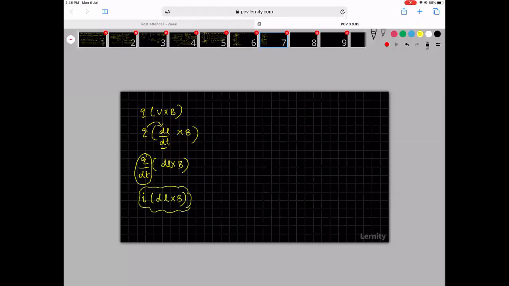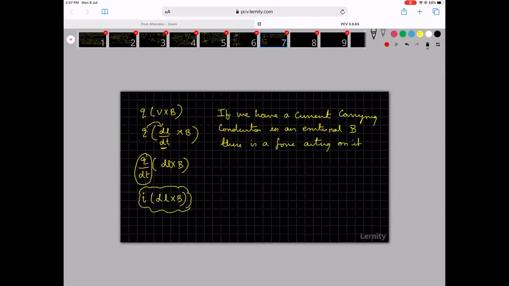So what it means is that if we have a current carrying conductor in an external magnetic field, there is a force acting on it, because current is nothing but moving charge.